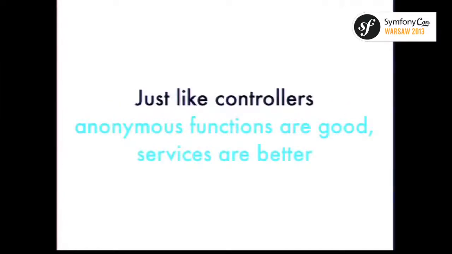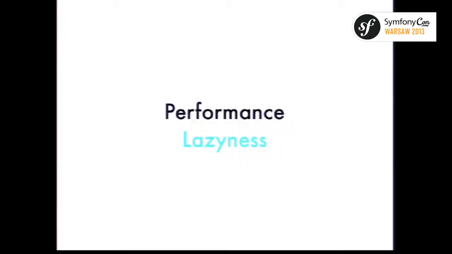And the actual listeners themselves are just like controllers. Anonymous functions are good, but services are better. The problem with using services, though, is that you don't want to pull those services from the container just so you can add them as a listener to the event dispatcher. And in Silex, unlike the full stack framework, the event dispatcher isn't aware of the dependency injection container.